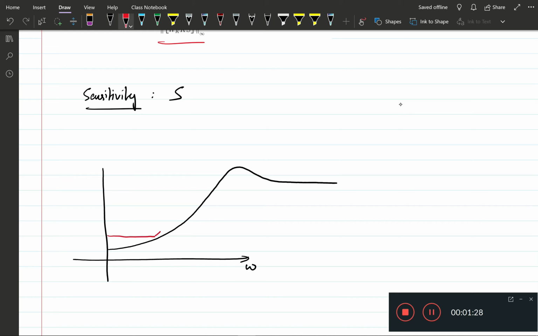We want to impose that the sensitivity lies below this filter. So this is 1 over Ws of s.